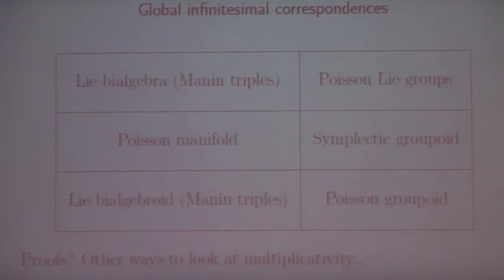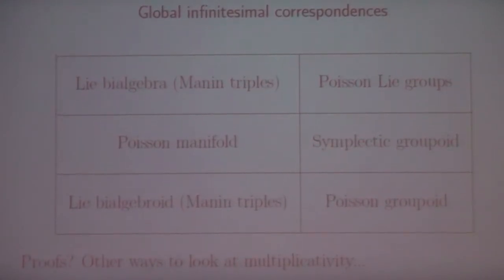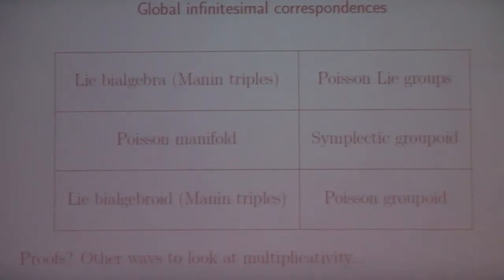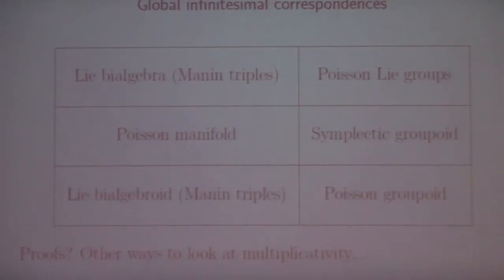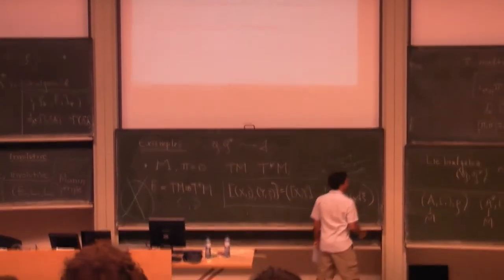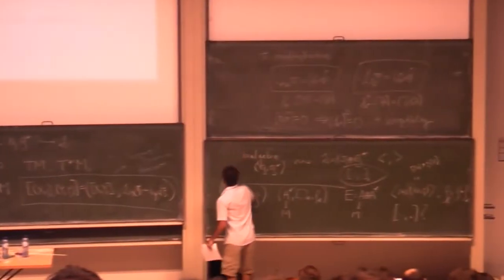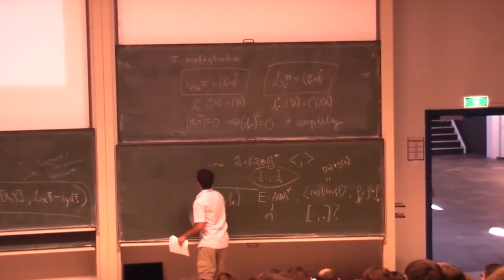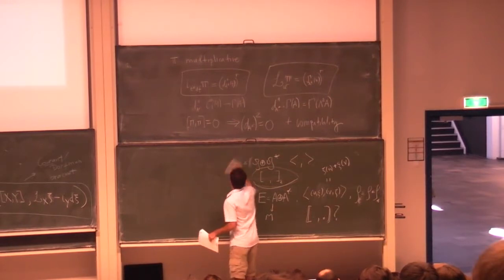Okay? And so let me just say, I think I have time, let me just say a few more things about this particular Courant algebroid, giving a few more examples of objects there.